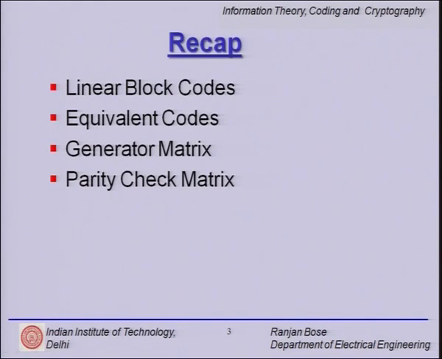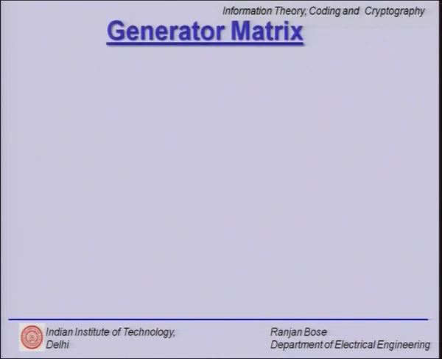Let us see what we have already covered so far. We have introduced the linear block codes and talked about the notion of equivalent code. We then looked at generator matrix and the parity check matrix. We have already covered this, but we will quickly refresh our memories.